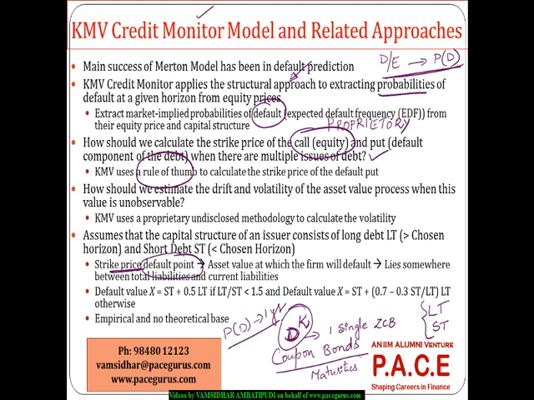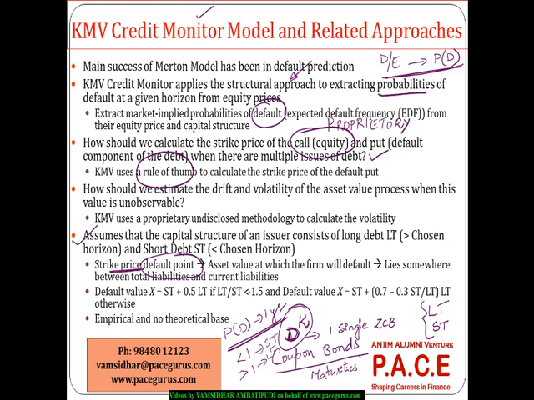If the maturity of that particular bond is less than 1 year, they are calling it short term. If it is greater than 1 year, they are calling it long term. So the whole set of bonds of the company are classified either as short term or long term.